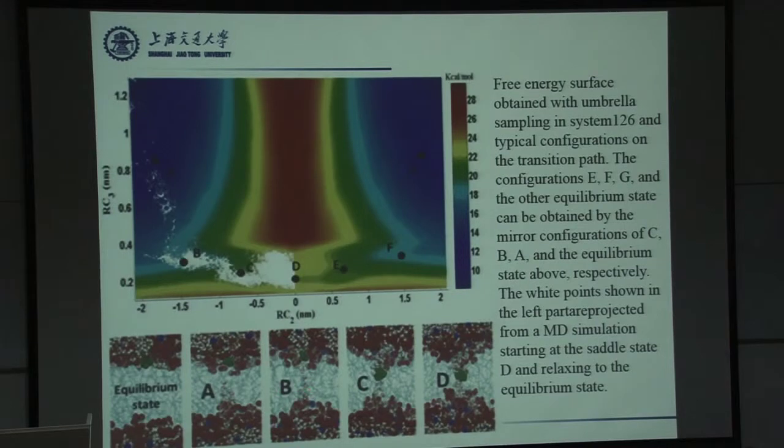In fact, the water chain. Without the water chain, the positive charge ion can never cross the membrane. Even with this help of water, it's pretty hard. It requires 20-some kilocalories of free energy to cross the membrane.